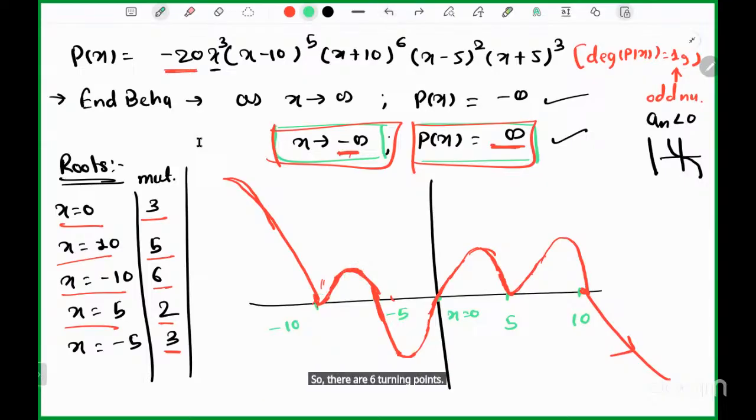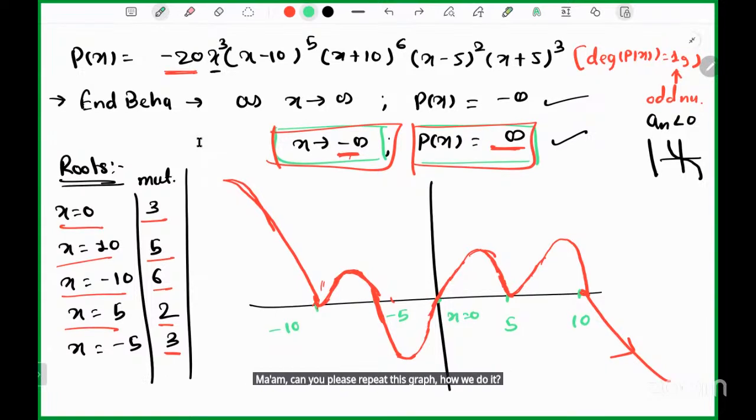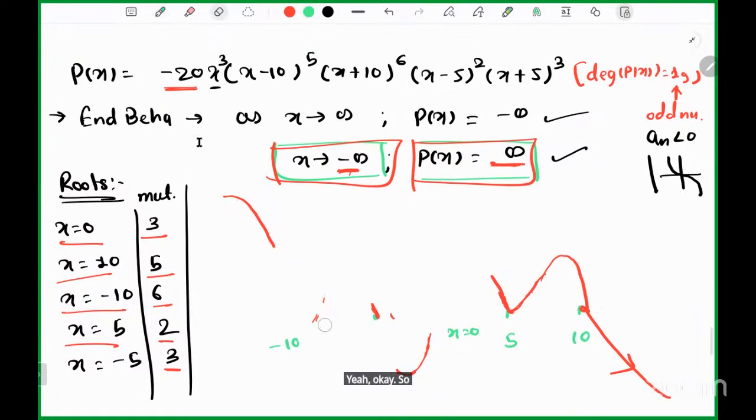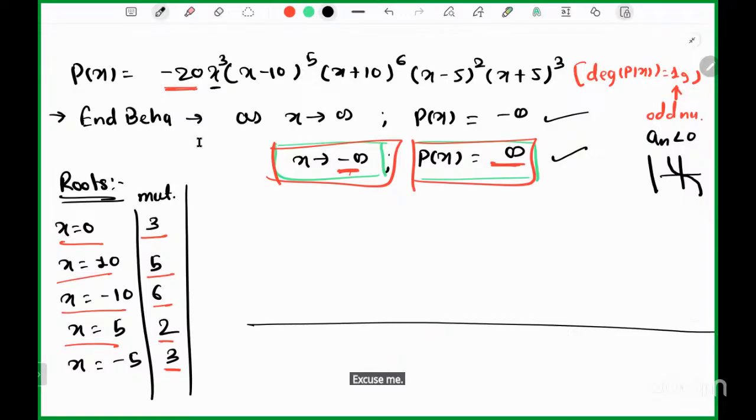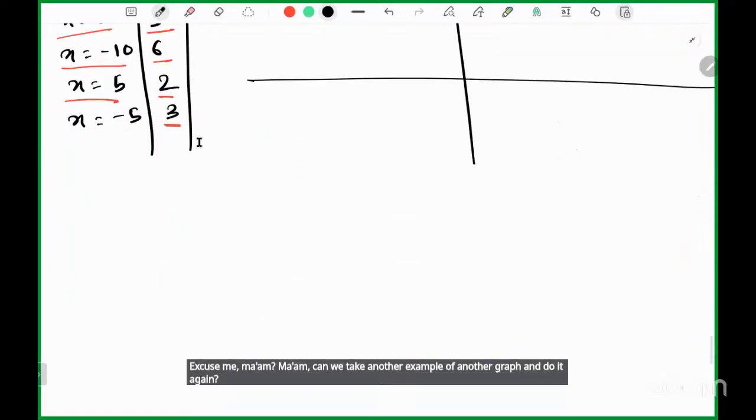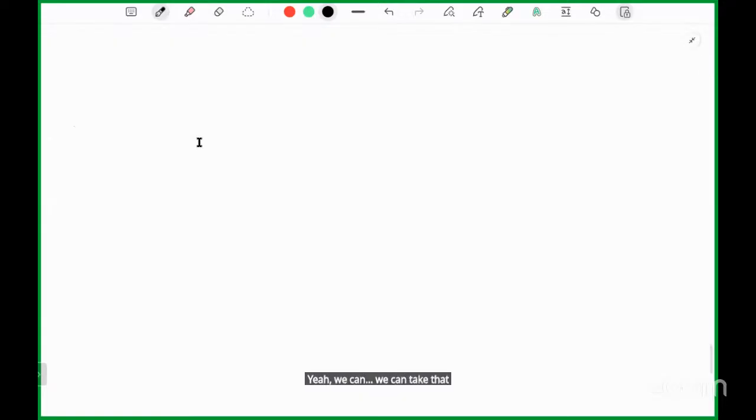Ma'am, can you please repeat this graph, how we drew it? Yeah, okay. So suppose, first of all, you have to figure out based on the end behavior where you want to start. Ma'am, can you take another example of another graph and do it again? Yeah, we can take that.